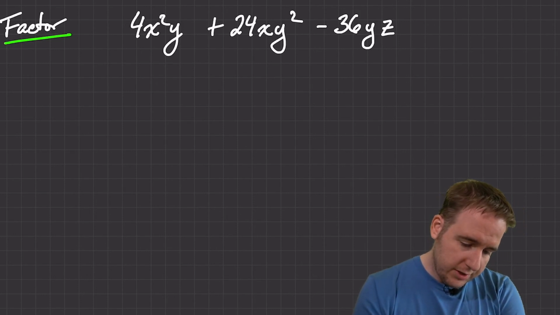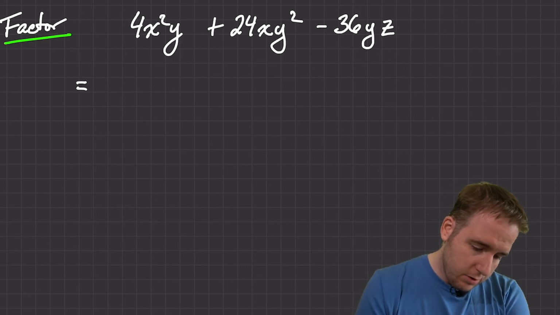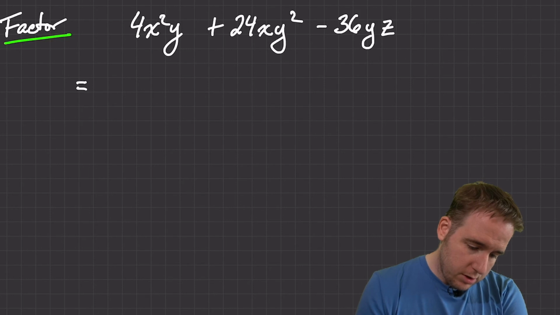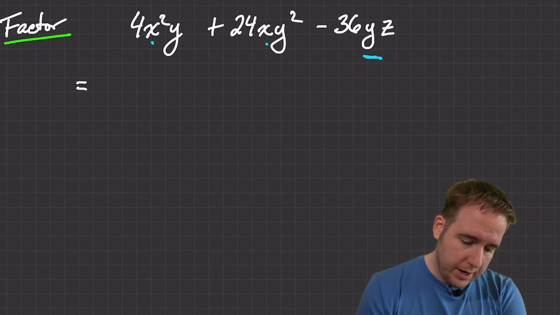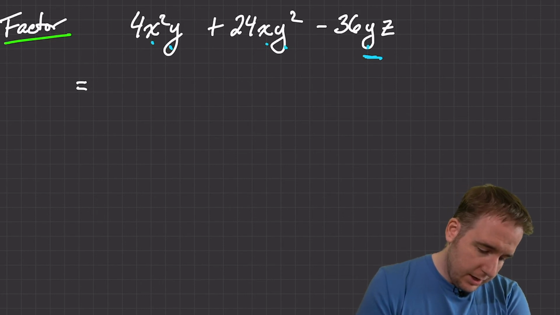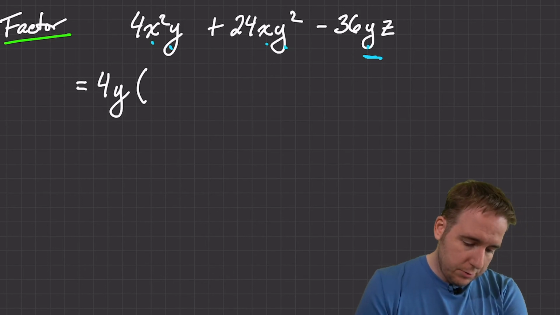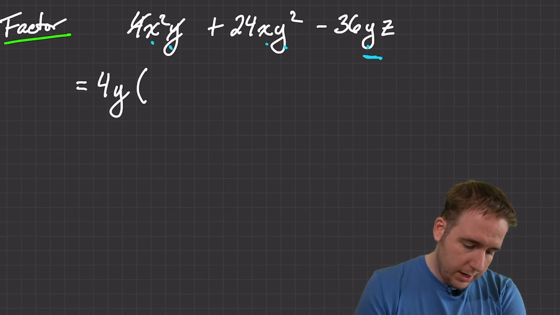Okay, so let's see. Common, definitely things that I can pull out. So definitely 4. Looks like an X, but there's no X over here, so can't pull that out. Definitely a Y. Okay, so yes to the Y, no to the X. I can have 4, and I can have Y. So this will be take away the 4 and the Y. I'm left with X squared.